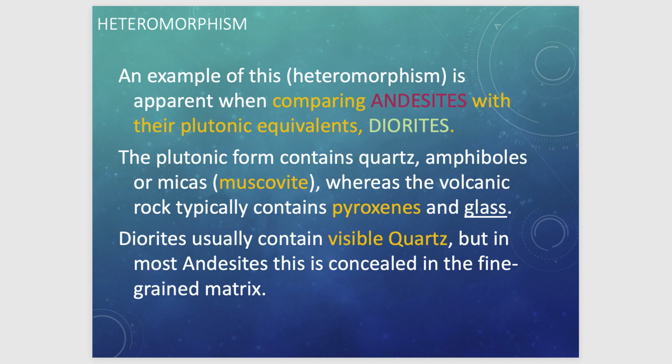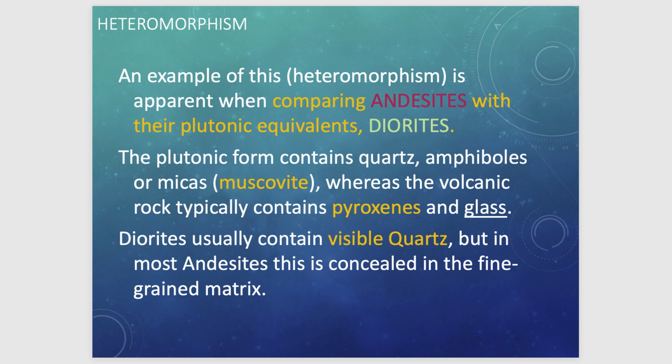So quite often when we compare intrusives with extrusives that have similar composition, we refer to the concept of heteromorphism. So we could compare an andesite with a diorite to increase complexity of this discussion, and we would see that there are marked differences.